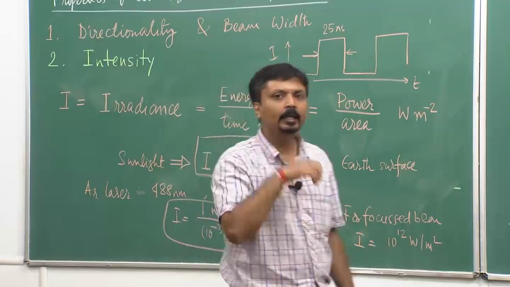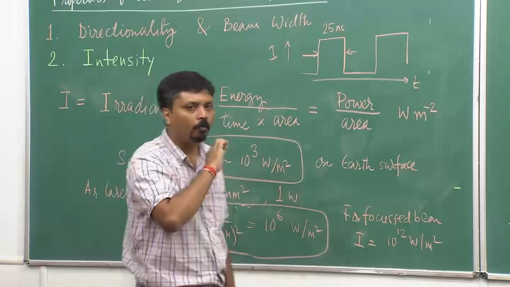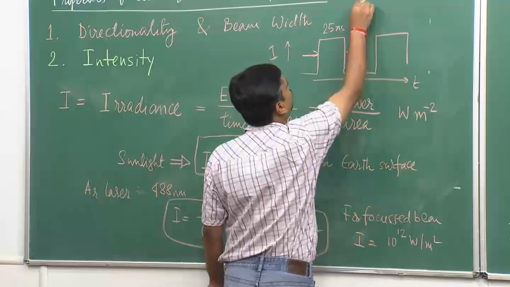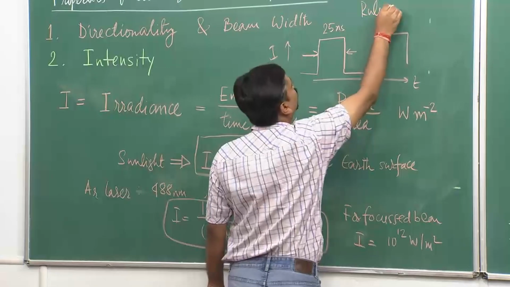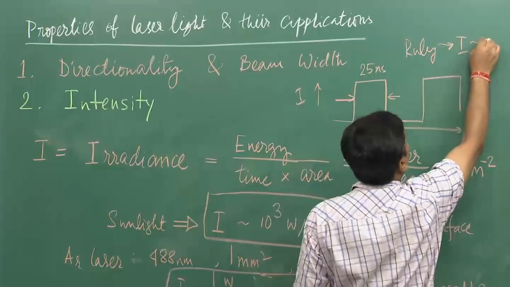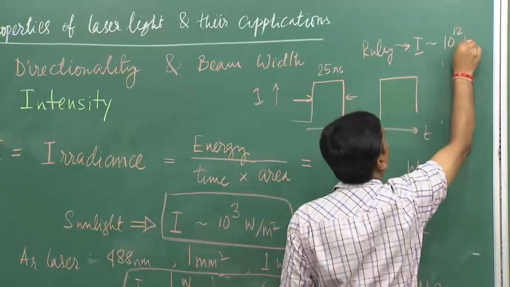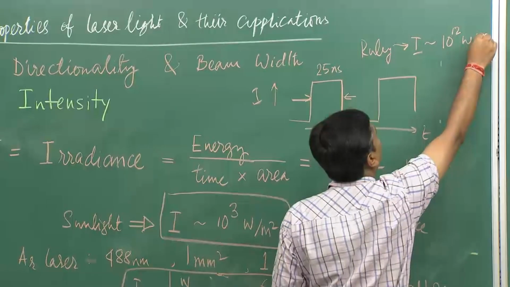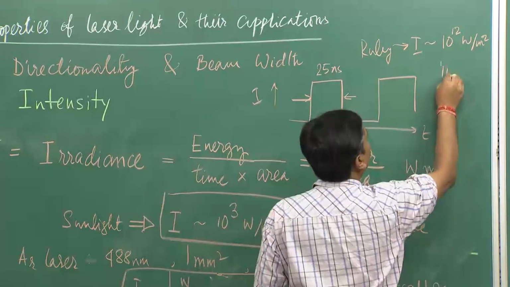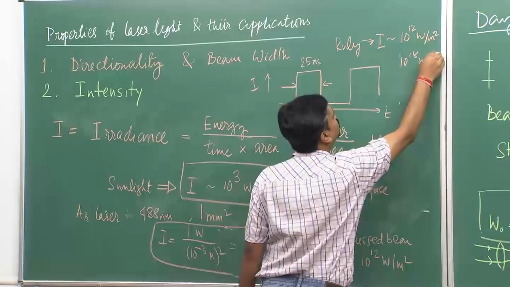Overall, an unfocused, collimated beam of ruby laser gives an I value of 10 to the power 12 watt per meter square, and when you focus it, it goes to 10 to the power 18 watt per meter square.